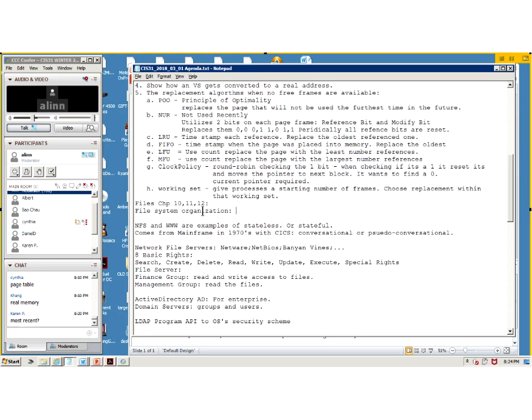Okay, you remember the different file organizations? There were 3. Sequential, indexed sequential, and direct.